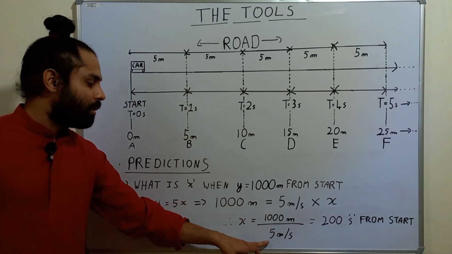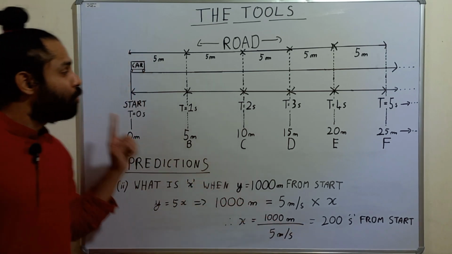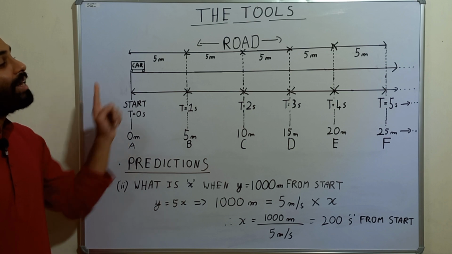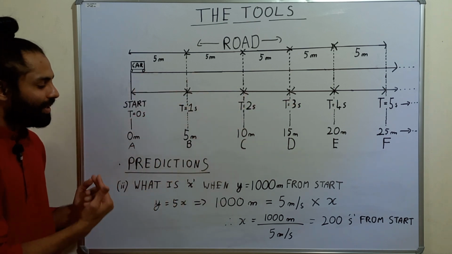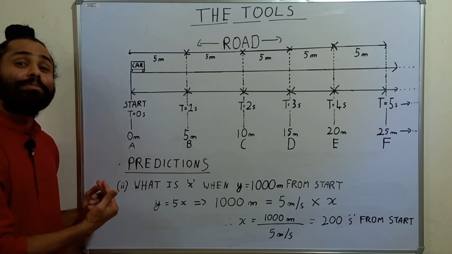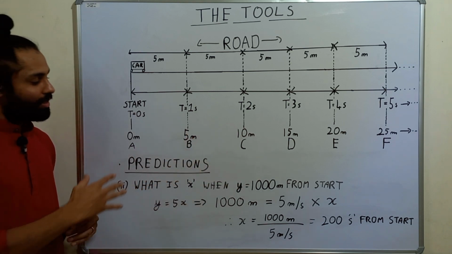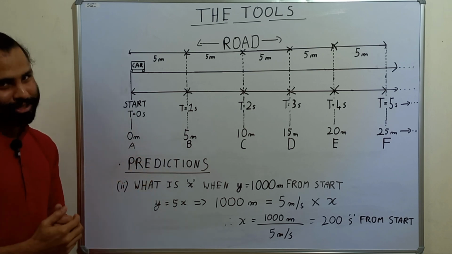So 1000 meter divided by 5 meter per second, that will essentially tell us that 200 seconds have passed from the start, and that is when the car reaches the position 1000 meter from the start. So this is another way in which our equation has a predictive property.